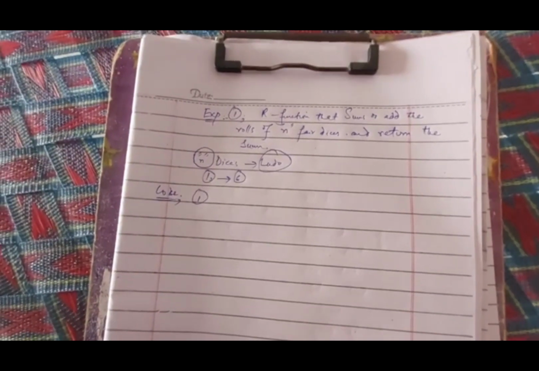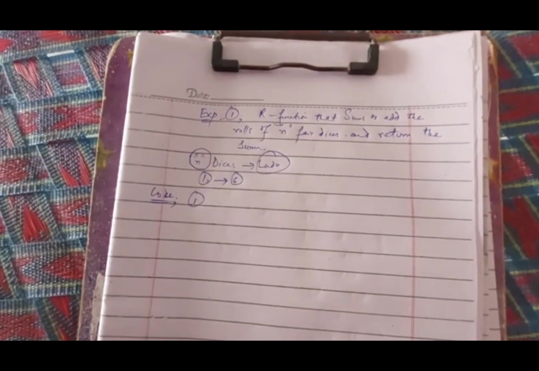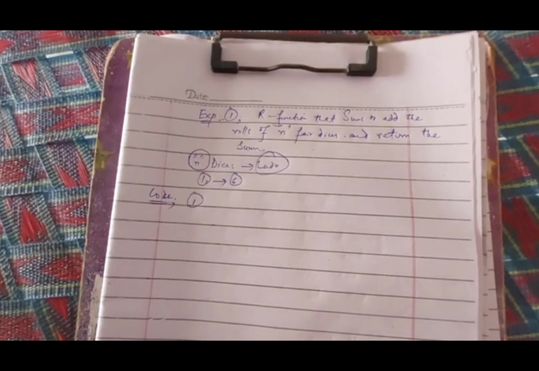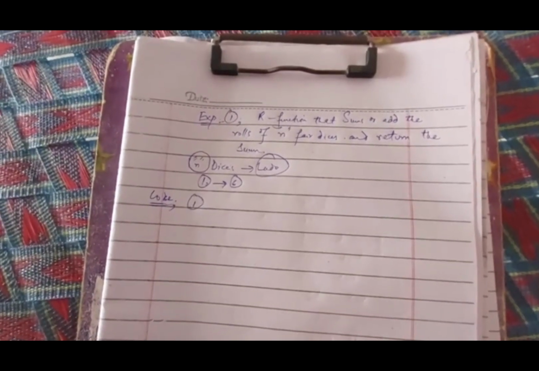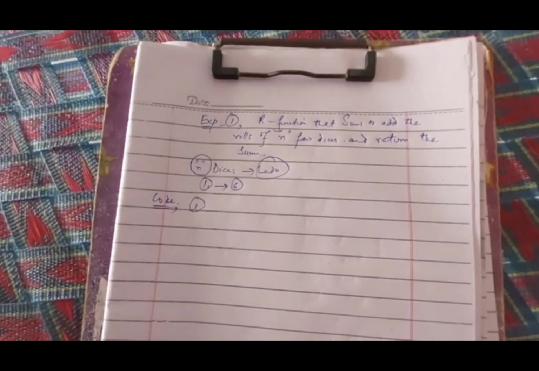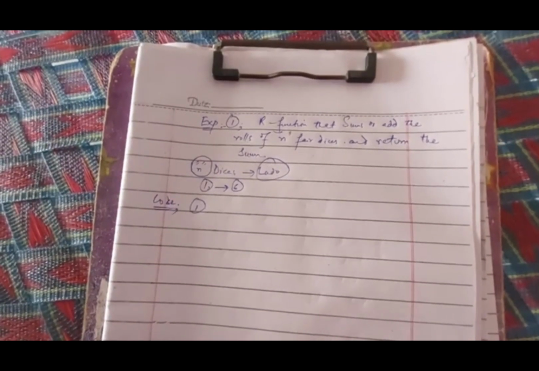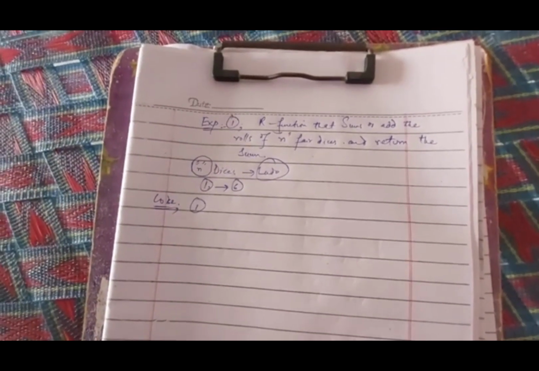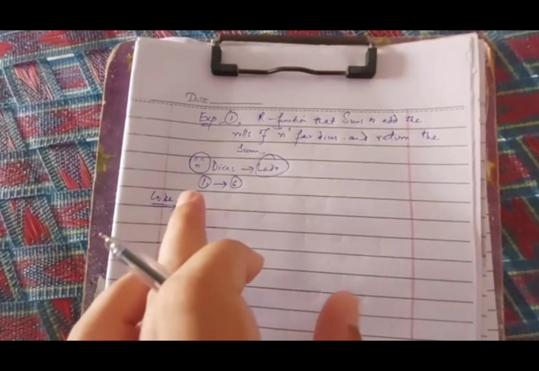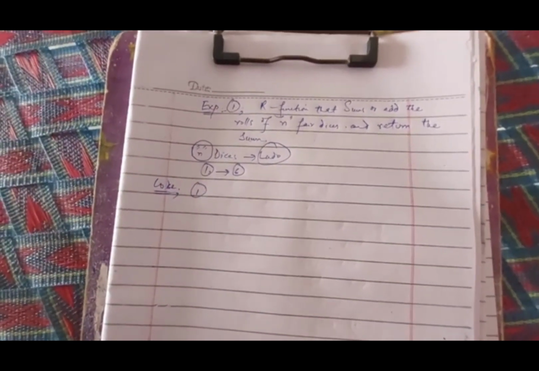We will make a function of sum dice. Then we will assign some values to the rolls, to each roll. Each roll can have a value from 1 to 6, and there are n number of dice. After that we will have a third line in which we will return the sum of those rolls. So let's write the first line.